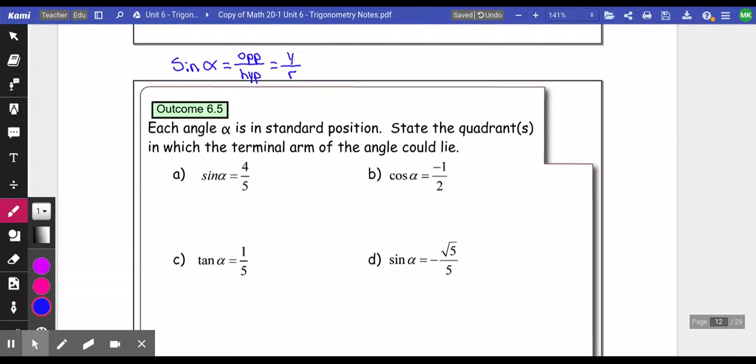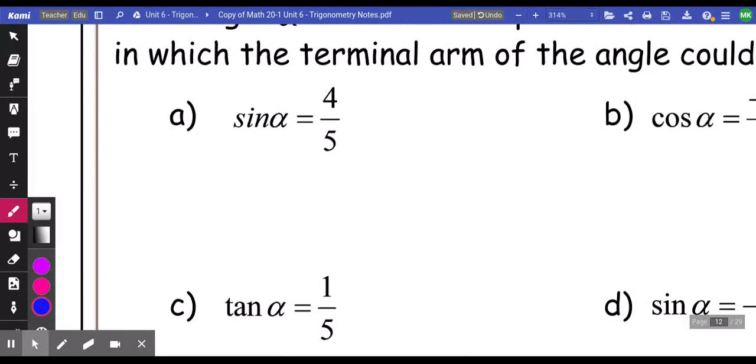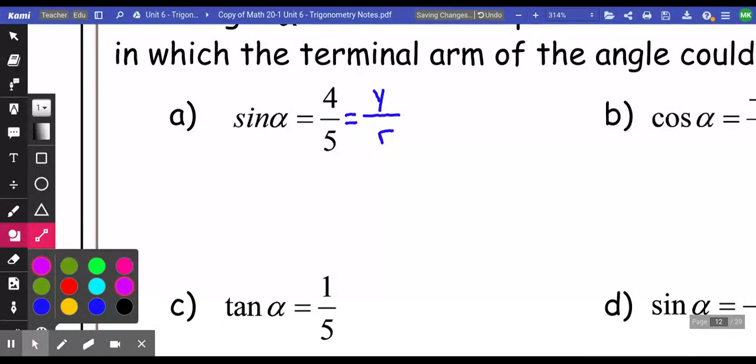So when they give you a ratio, like they gave us right here, sine of alpha equals 4 over 5, they actually gave us some information. They gave us a y value and an r value. Therefore, we can now build what this ratio looks like. We draw our little graph, and say this has a y value of 4 and an r value of 5.